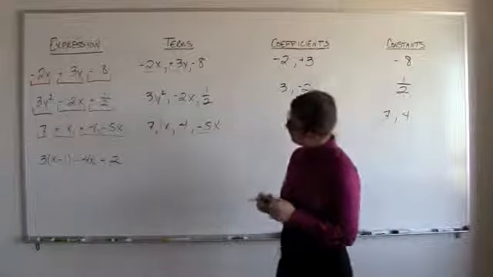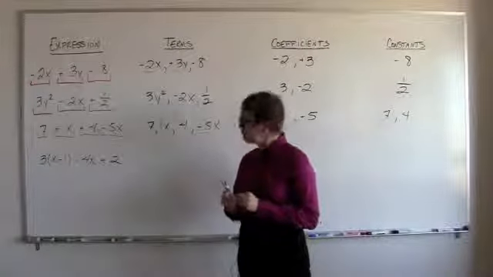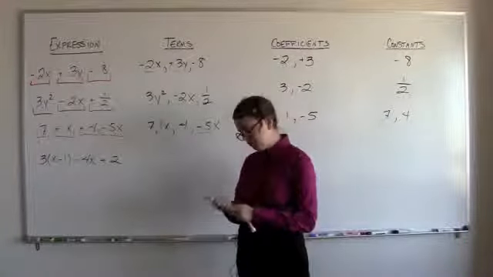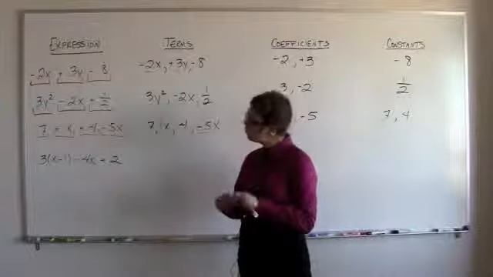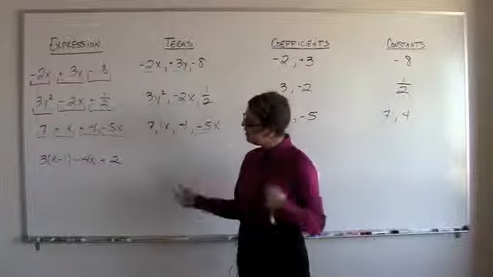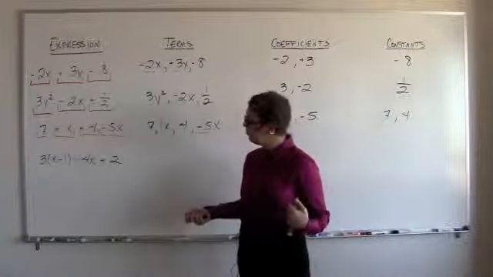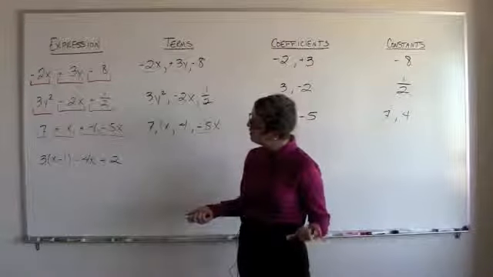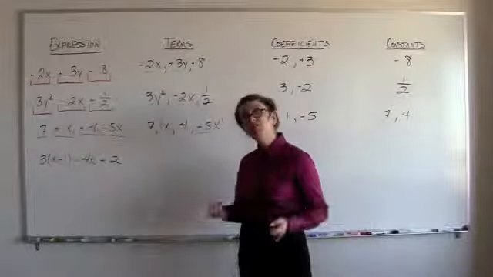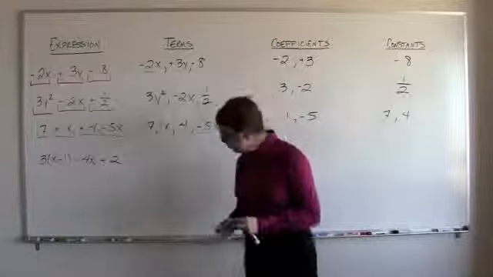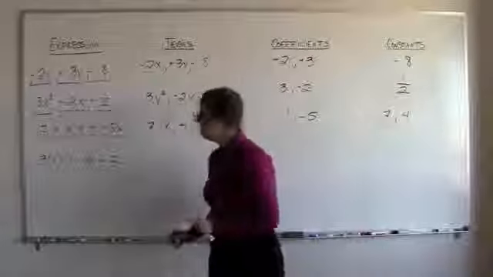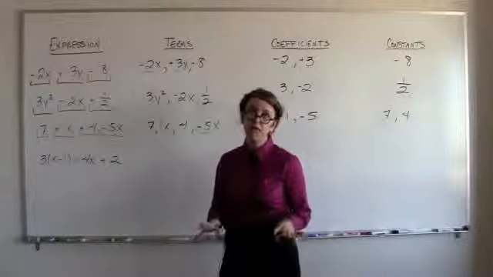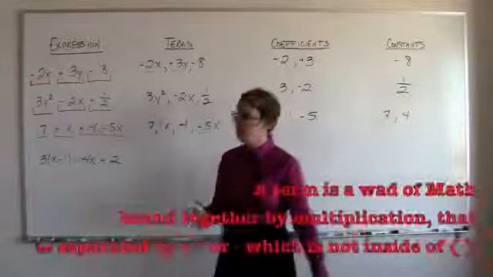Okay, this last expression, which is really tricky, it looks like there are maybe 4 terms, maybe even 5. Actually, there's 3 terms up here. A term is any piece of math separated by a plus or minus, not in parentheses.